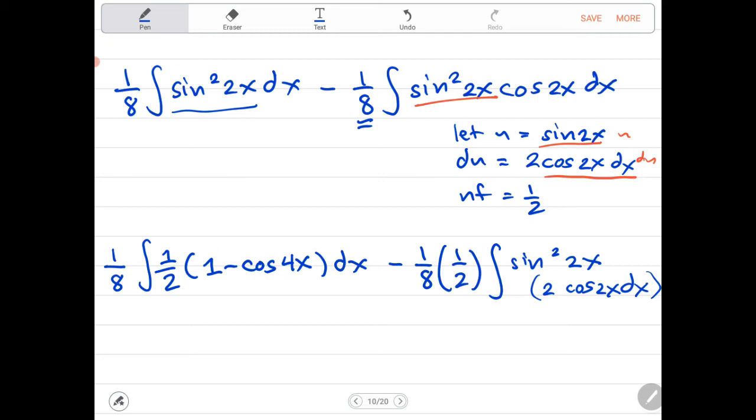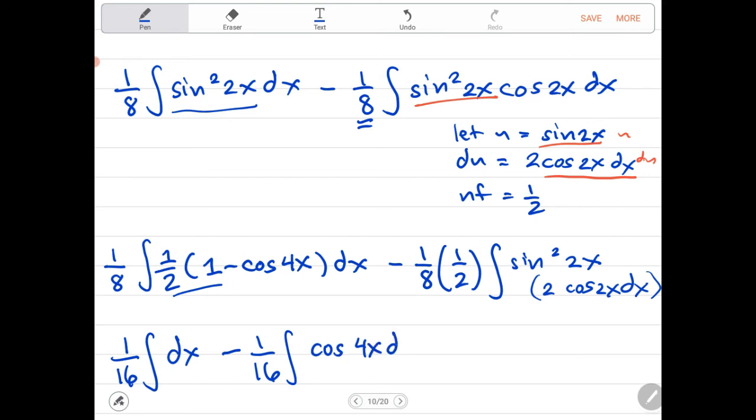So this is 1 times 1/2. 1 times 1/2, that is 1/2 times 1 over 8, that is 1 over 16. 1 over 16, then the dx. Minus the same constant, which is 1 over 16, then the integral of cosine 4x dx.